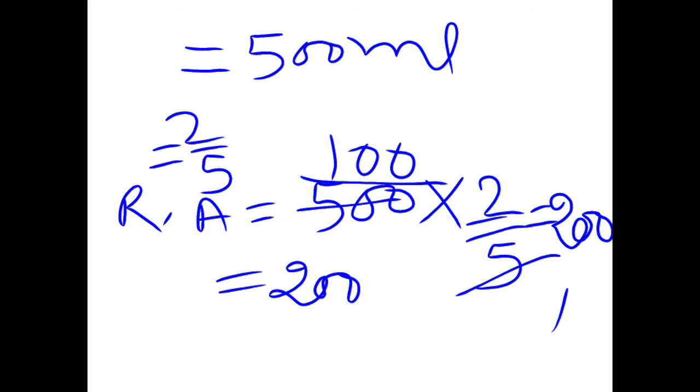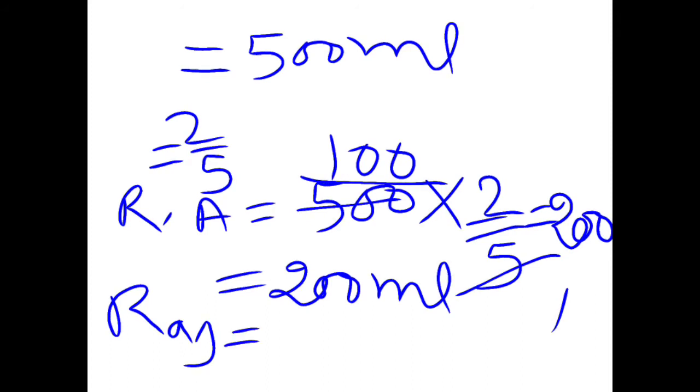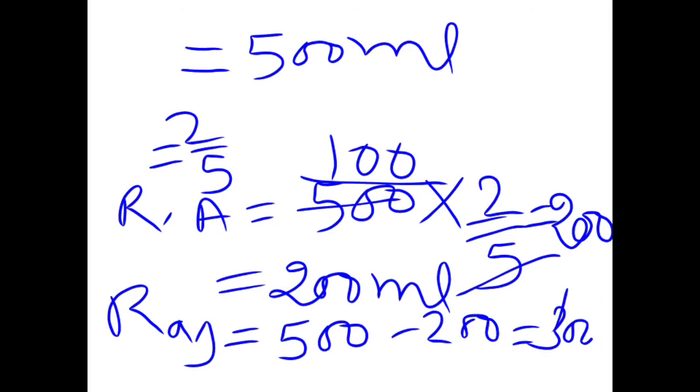Now we can easily find out how much Raj has drunk. So Raj drank Pepsi, amount equals, total is 500 and remaining is 200, so that gives us 300 ml.